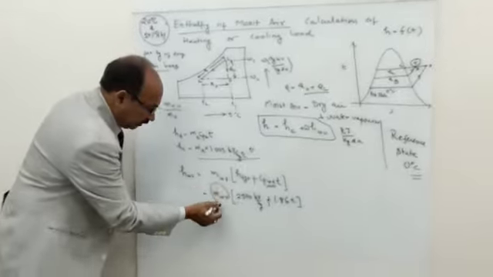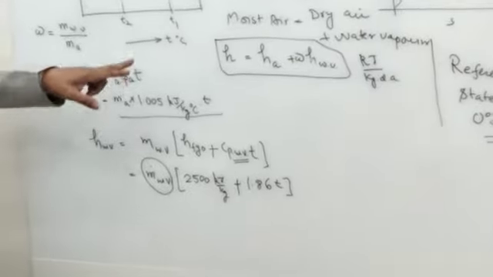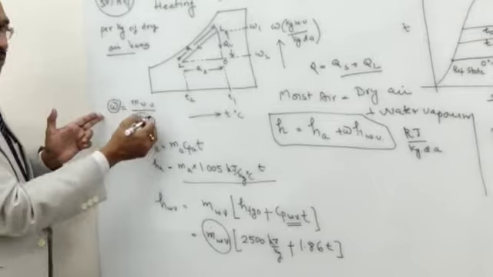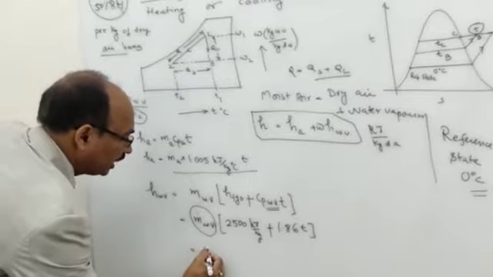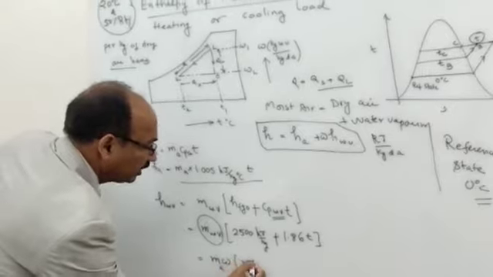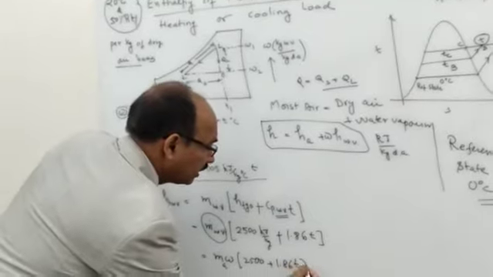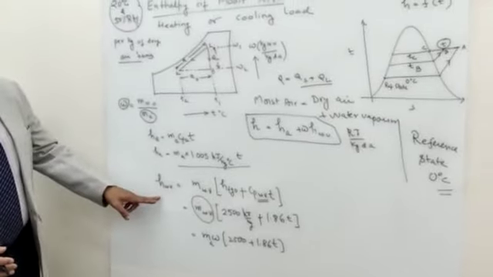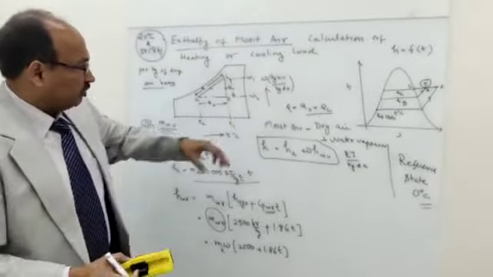Now we need to find what is MWV. MW is nothing but, as I wrote here, specific heat multiplied by mass of dry air, because we do all the calculations per kg of dry air basis. So we write here omega times mass of dry air times 2500 plus 1.86 T. So now we have the enthalpy of water vapor part, we have the enthalpy of dry air part, and we add.